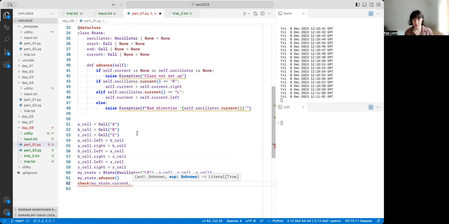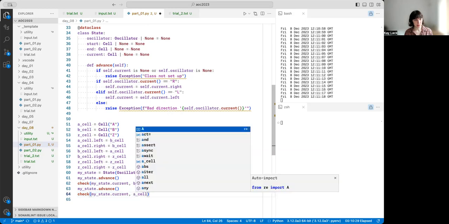So first should be B cell. Then it should be A cell.